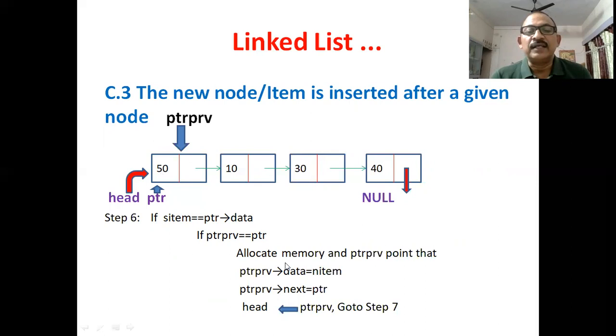If this is the case, what will we do? Allocate memory and PTR previous points to that memory. First thing. Put this new item to this node. Now PTR previous next is equal to PTR. Head is equal to PTR previous, and we will go to step 7.